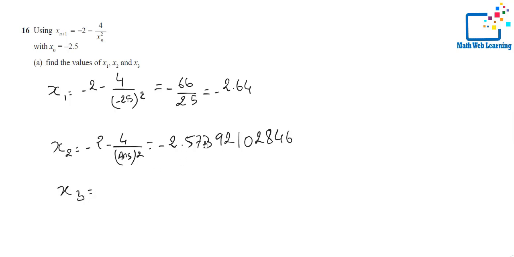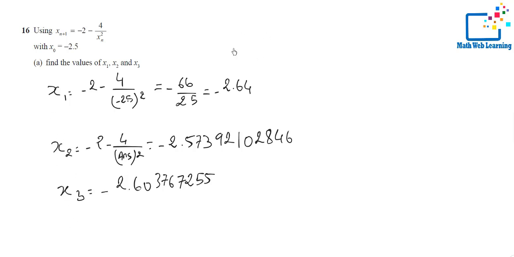I'm going to use this iteration and plug in the answer. The answer I got for that one is minus 2.603767255. So that's the iteration x1, x2, and x3.